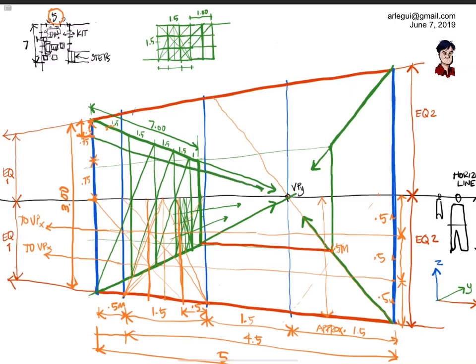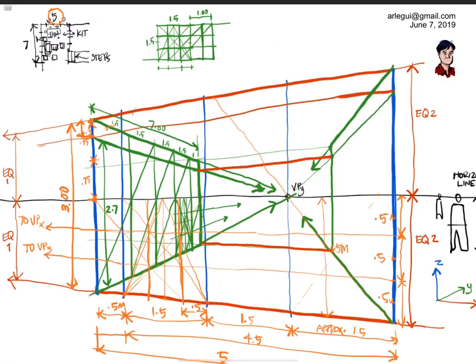By doing proportion, not exactly measured, but so that looks like 2.7 rather than 3 meters in proportion. And there you go. That's the 2.7 meter mark.